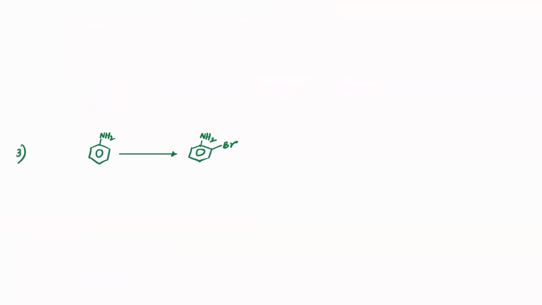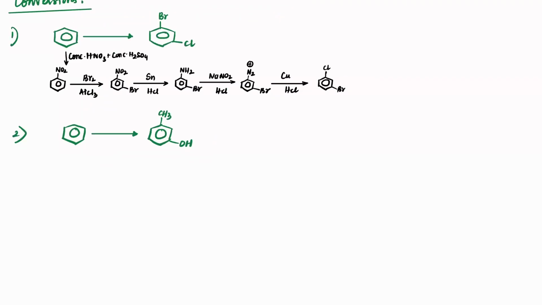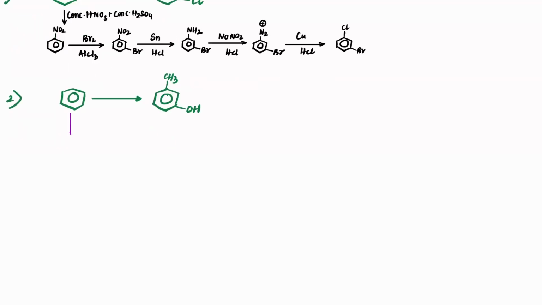Right, the second conversion. The second conversion is, how do we convert benzene into this meta-methyl phenol? So how do we get this? Check. First, we treat this with concentrated HNO3, I mean, with concentrated H2SO4. This mixture will give you nitration.